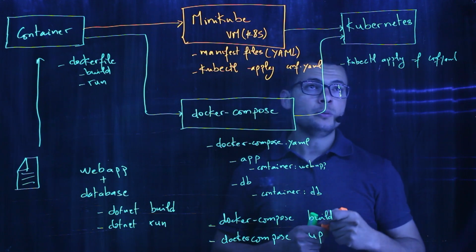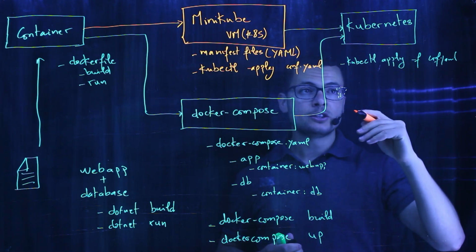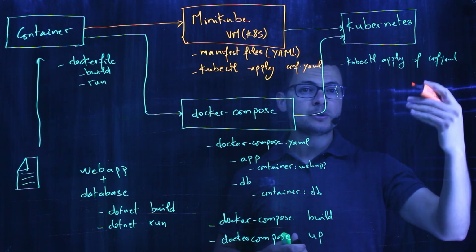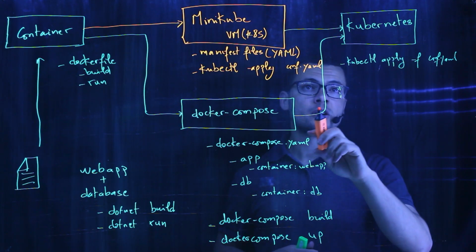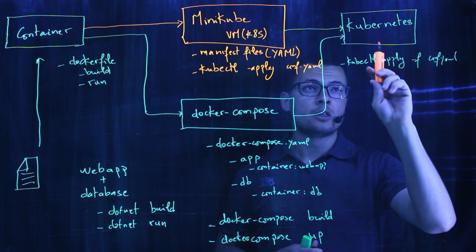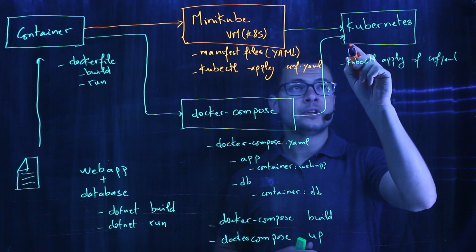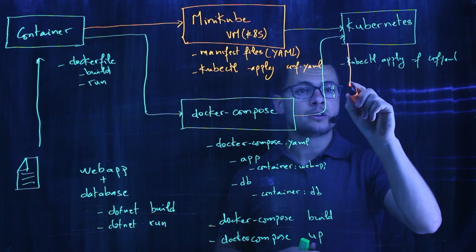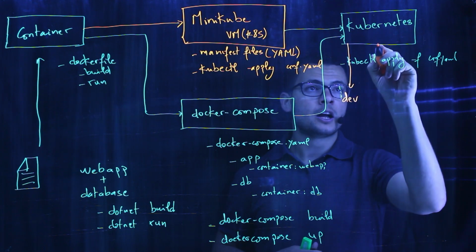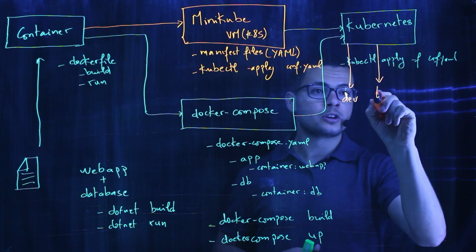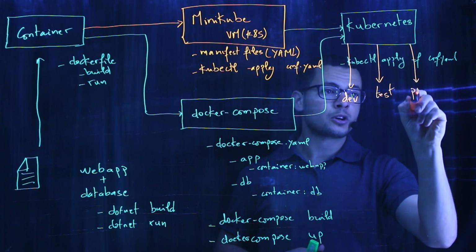And for Kubernetes, some people create multiple clusters or multiple namespaces in order to create different environments. Because before deploying to production, maybe I want to have a separate environment for my dev and another one for test and another separate environment for production.